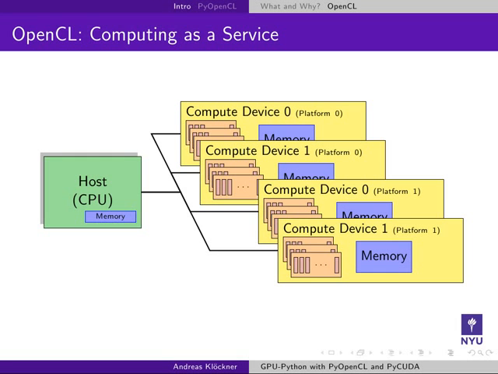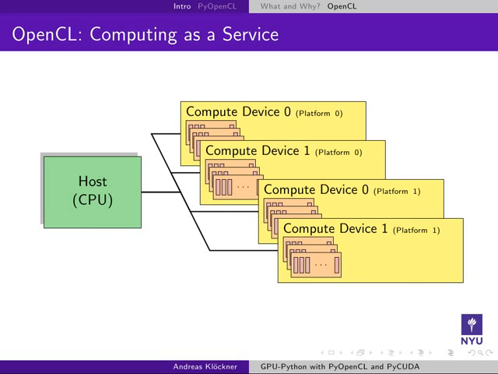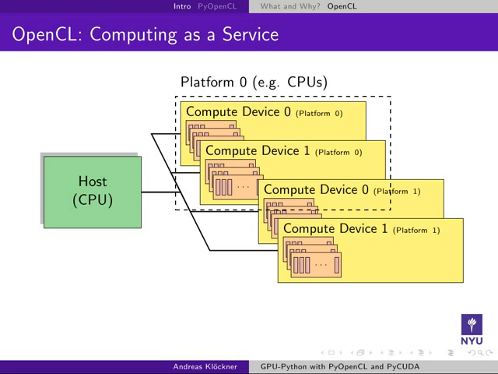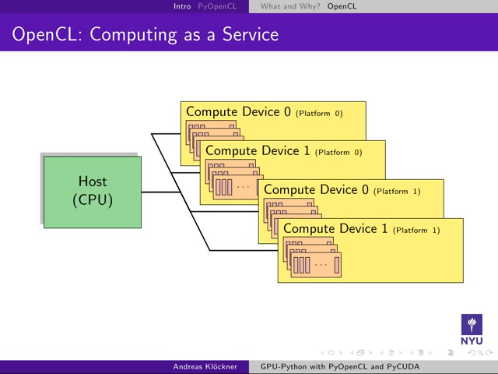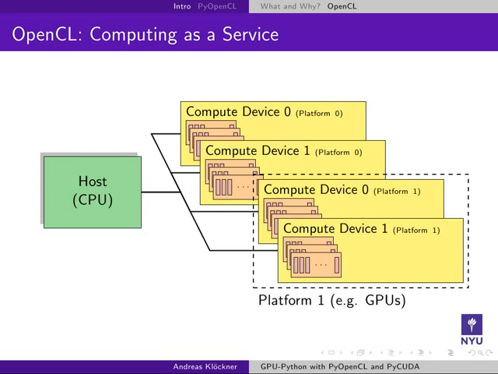And each of these platforms, for example, would be supplied by a different vendor. So, for example, platform 0 might be CPUs talked to through an AMD implementation, and platform 1 could be GPUs that you talk to through an NVIDIA implementation. And all of those peacefully coexist, and you can pick exactly what you talk to.